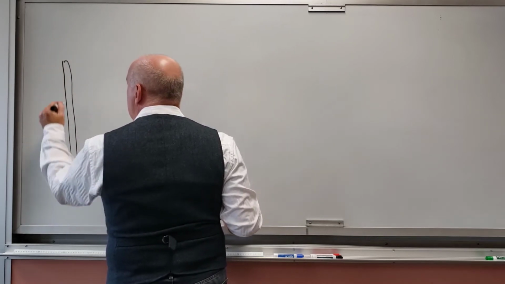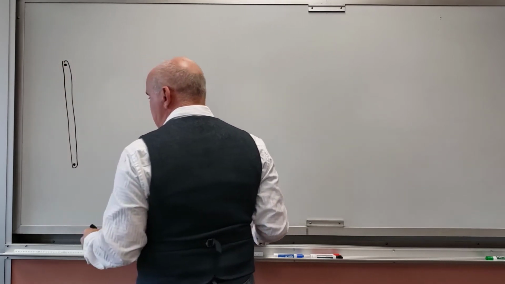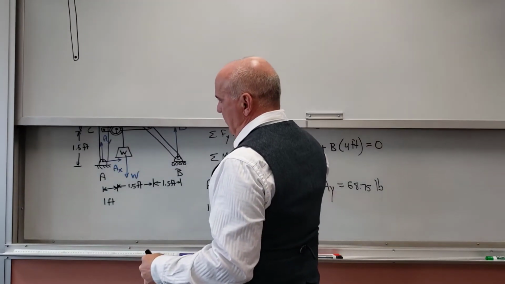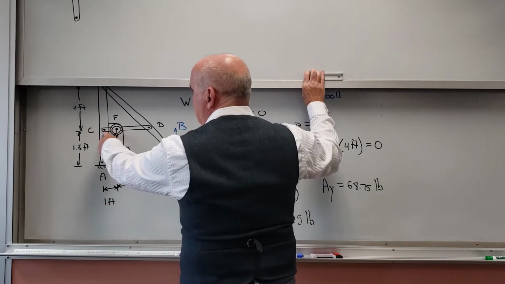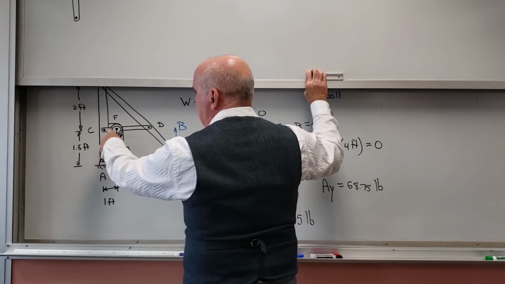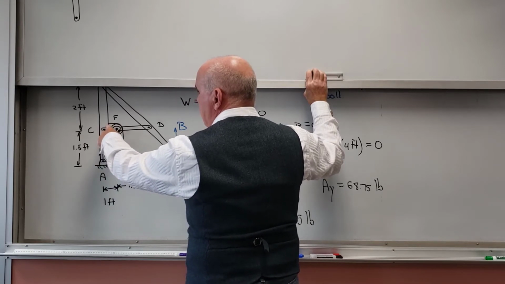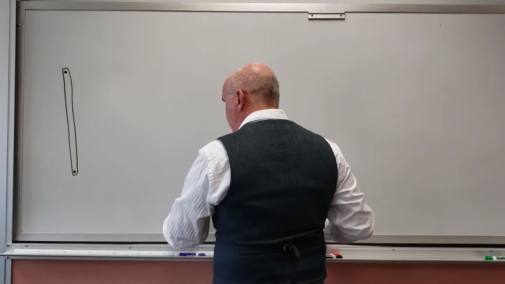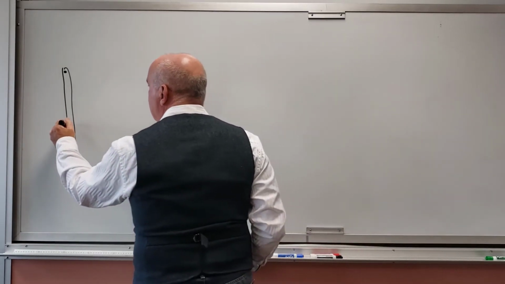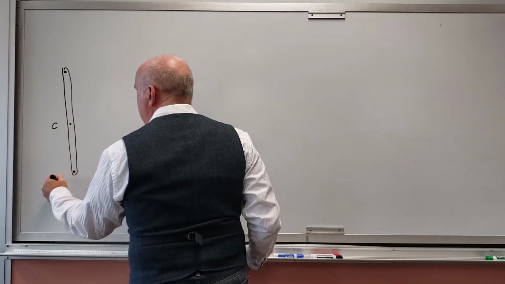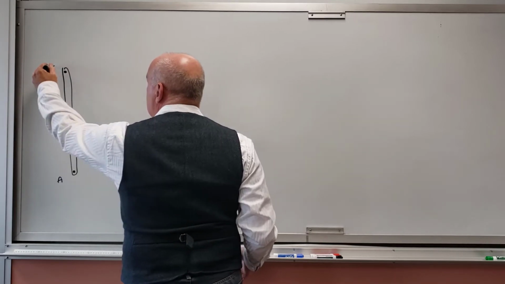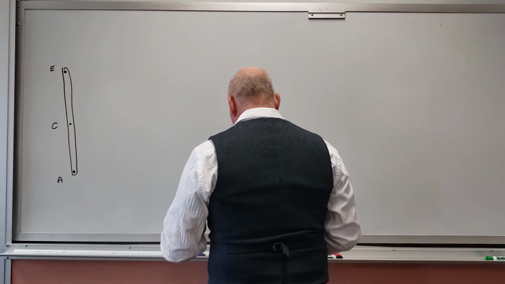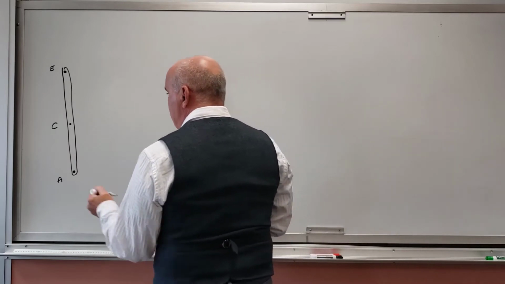Here's point A, here's point E. And let's see, I've got a force here at C, don't know what that is, and then I've got this tension over here as well. So C is a pin. Here's C, here's A, I think this was E. All right, so free body diagram.